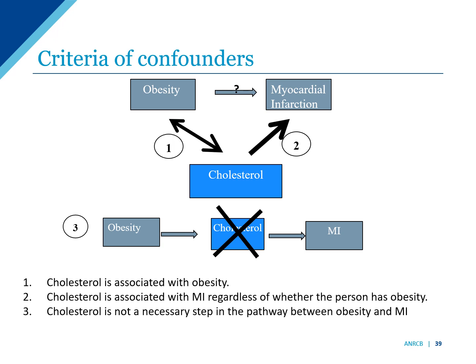We also know that cholesterol can be associated with myocardial infarction regardless of whether or not people have obesity. And finally, cholesterol is not a necessary step in between the disease process of obesity leading to myocardial infarction. So cholesterol level could be a potential confounder for the relationship between obesity and MI.